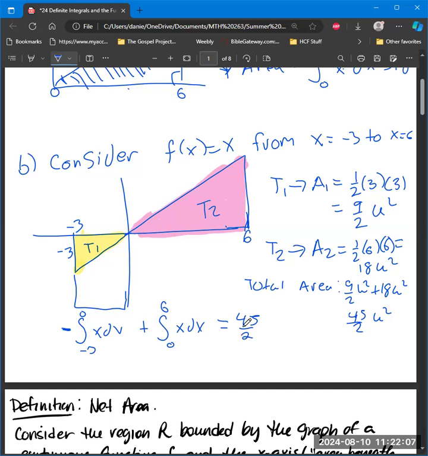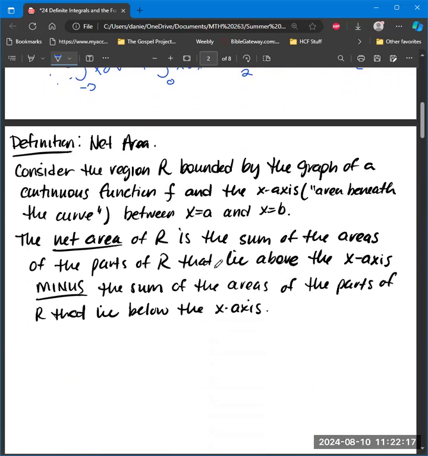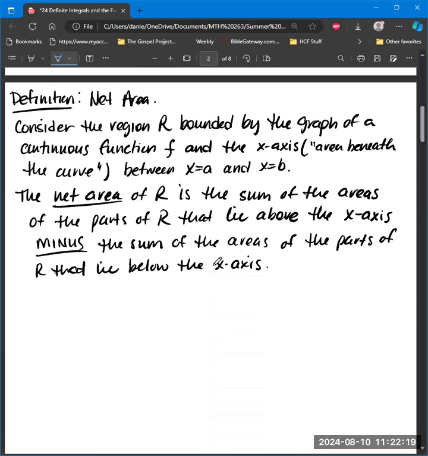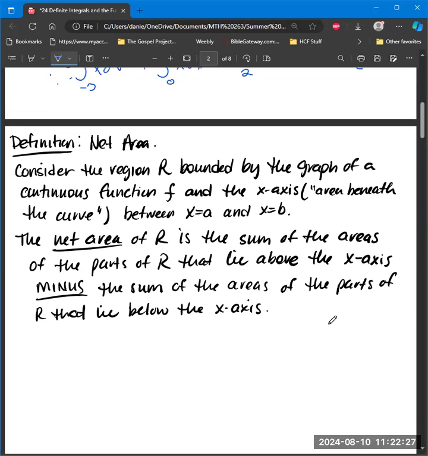looking ahead. So the key thing that we're going to talk about here, one of them coming up, is why we need that negative sign when the function dips below the x-axis. So the net area definition here: consider the region R bounded by the graph of a continuous function f and the x-axis. The area beneath the curve between x equals a and x equals b.